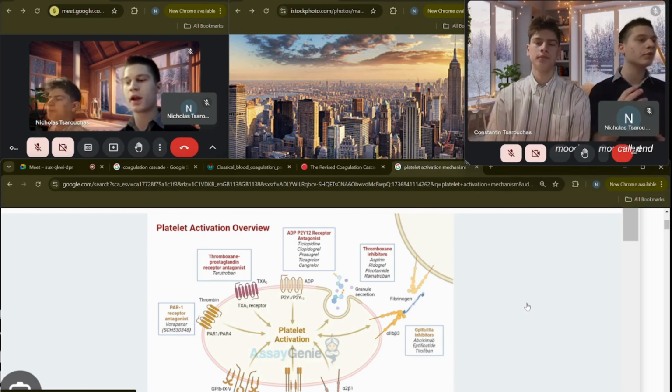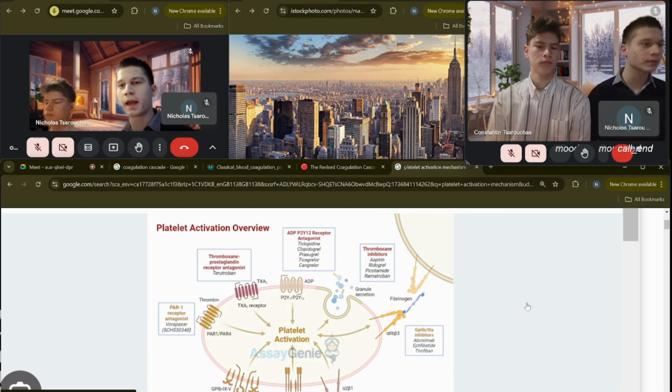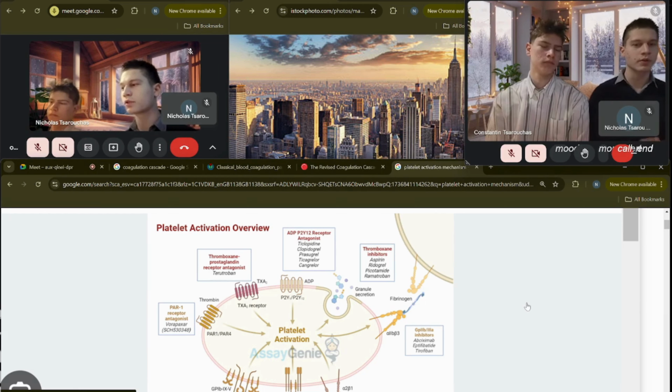And you have your phospholipid membrane exposing your phosphatidylserine residues, and you're able to form thromboxane with the use of thromboxane synthase, phospholipase A2, and COX-1 enzymes. And here, your thromboxane also goes through another signaling mechanism through the thromboxane A2 receptor, for example.